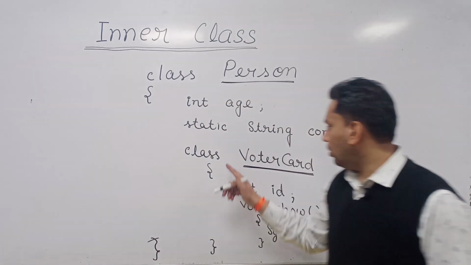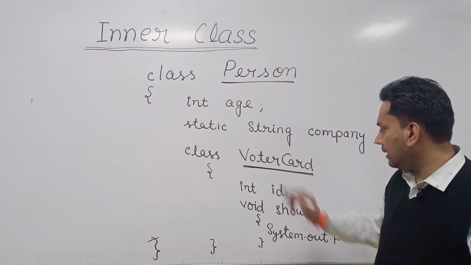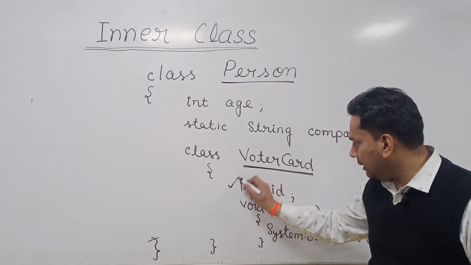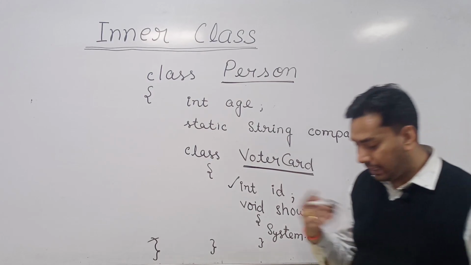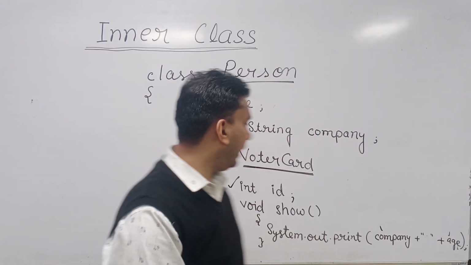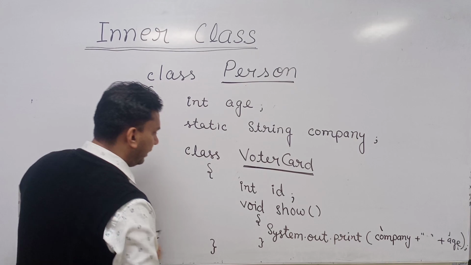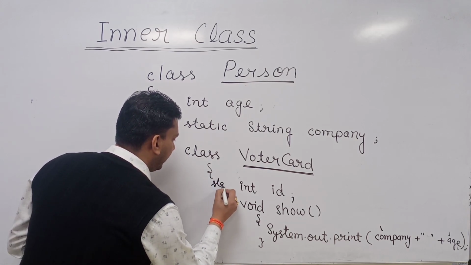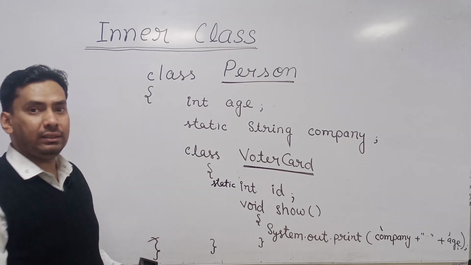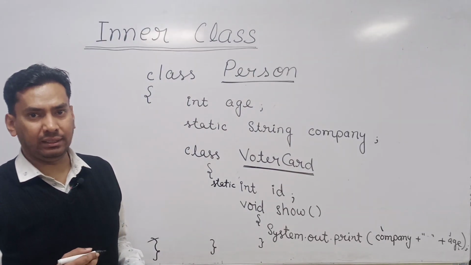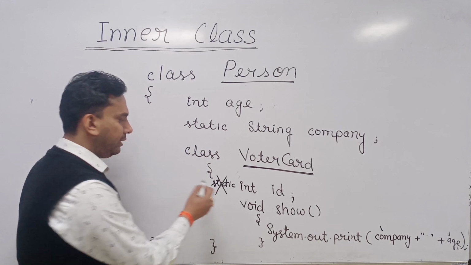So this non-static nested class, this inner class, can define its own non-static members, but it cannot define the static members. If you try to create some static member here, maybe static data member or static method or static block, it is compilation error. This is not allowed.